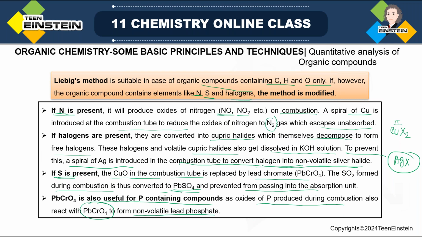So in the previous case, that is in case of sulfur, we saw the formation of non-volatile lead sulfate, which will not be absorbed in the KOH. Similarly, now there is non-volatile lead phosphate produced, that is Pb3(PO4)2. So this type of non-volatile lead phosphate will be produced, so it will not cause ultimately any problem.